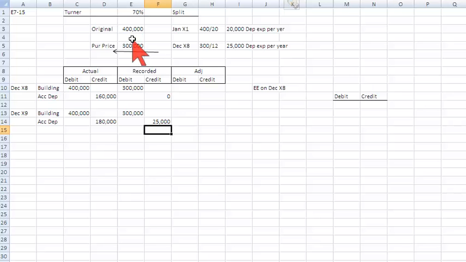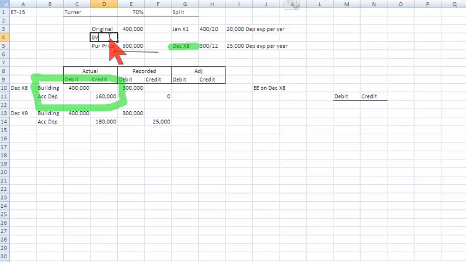So let's see what the book value was on December 8th, which is over here. The book value was 400 minus accumulated depreciation of 160, which was 240. So book value on December X8 was 240.